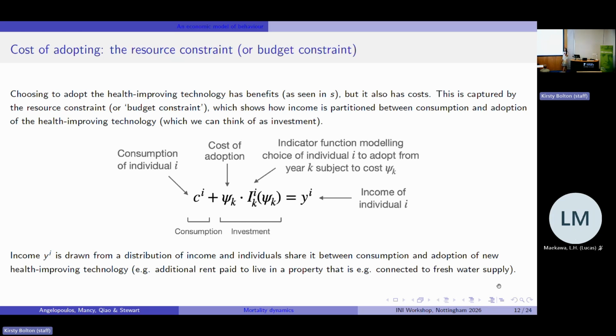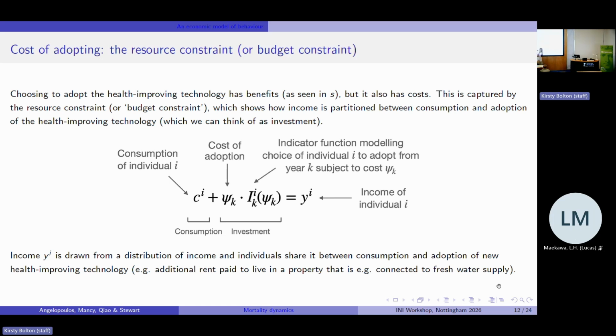So obviously adopting health improving technology has benefits for you as an individual, but it also has costs. And that's captured by the resource constraint or the budget constraint. So what do we have here? We have the income of the individual, Y_i, and that's split between the consumption part, that's all the stuff that I want to spend my money on, and the bit to do with adopting the technology.